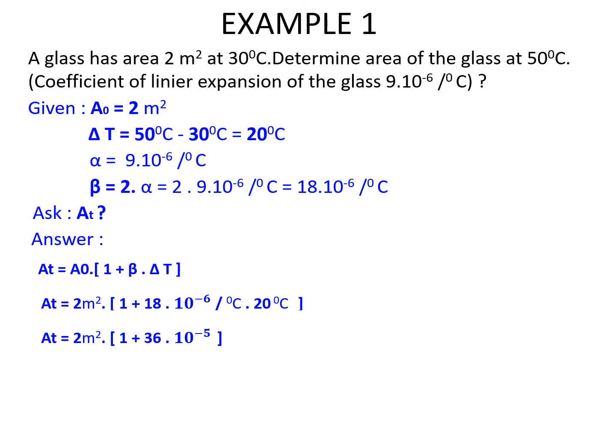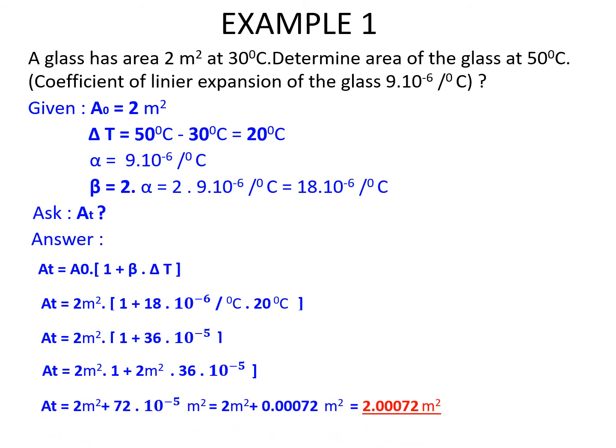AT equals 2 meters square times 1 plus 36 times 10 to the power of minus 5. AT equals 2 meters square times 1 plus 2 meters square times 36 times 10 to the power of minus 5.